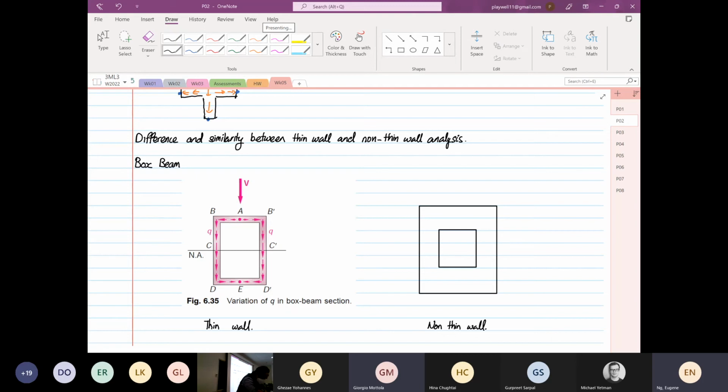Right. So let's say now we want to look at point A. And over here is also our point A. So let's look at non-thin wall first. Then I'm going to sketch our centroid.